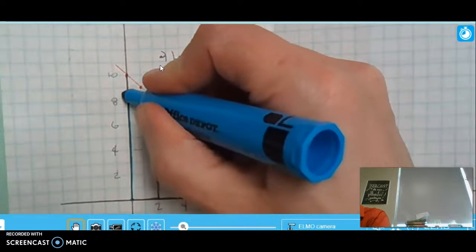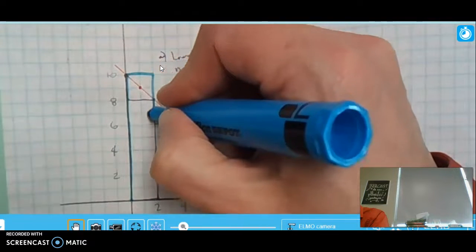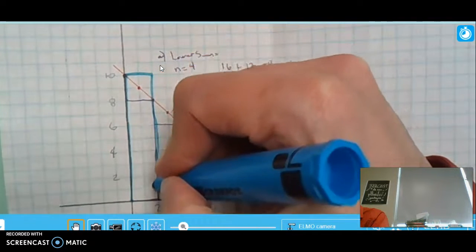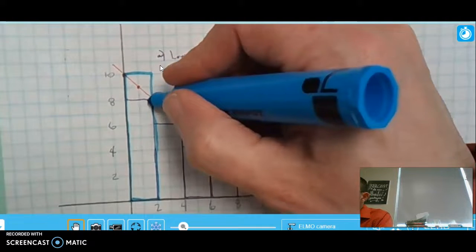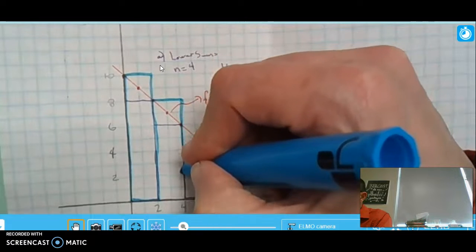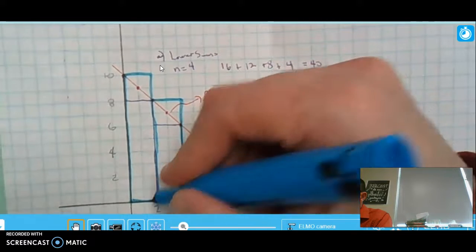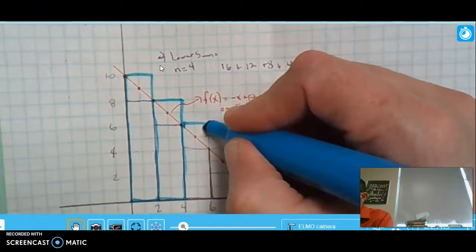So the largest y value on the interval from 0 to 2 occurs when x is equal to 0. The largest y value from 2 to 4 occurs at x equals 2. So basically, it's always going to be the left endpoint because this line is a decreasing function.